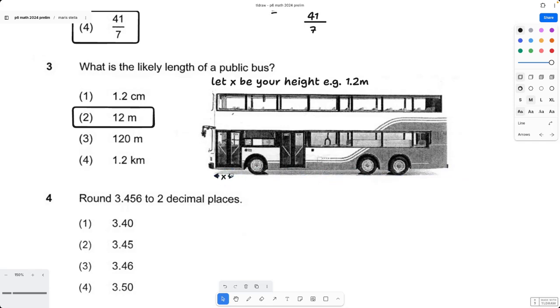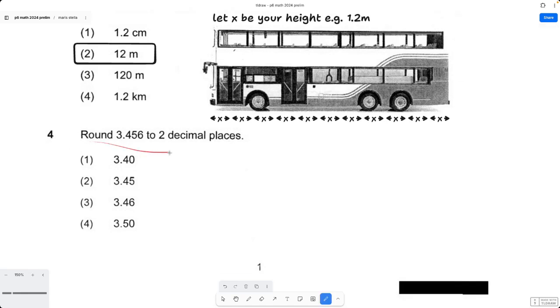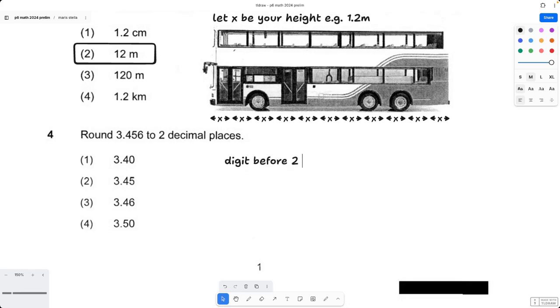Question number 4. Round 3.456 to 2 decimal places. The digit after the 2nd decimal place is 6, which is 5 or more.